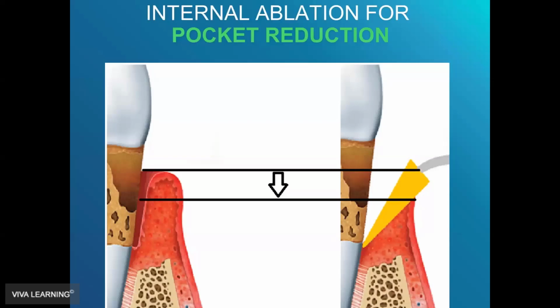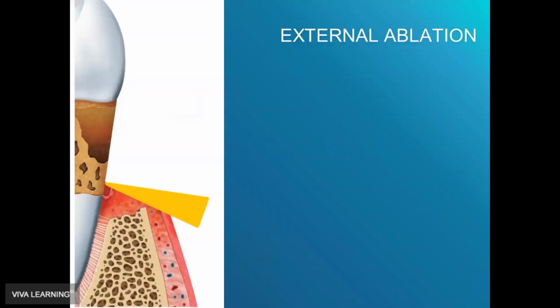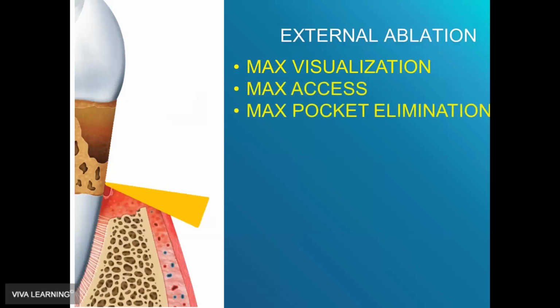Now, if we do this internal ablation, but we start leaning the tip out a little bit, you can see geometrically, we can start to do some pocket reduction. And if we take it to the extreme all the way out, then we're doing what I like to call external or horizontal ablation. And at this point, you're doing maximum visualization, maximum access, maximum pocket elimination.